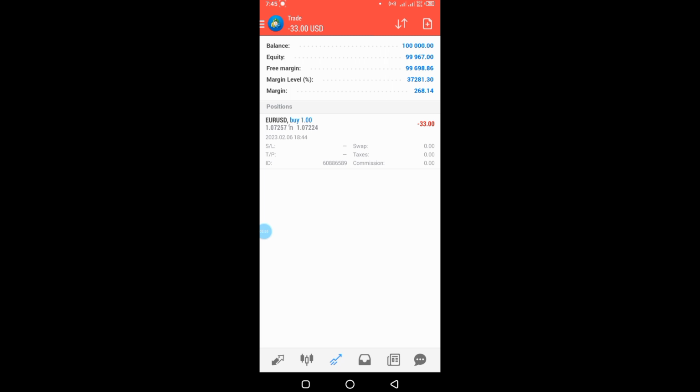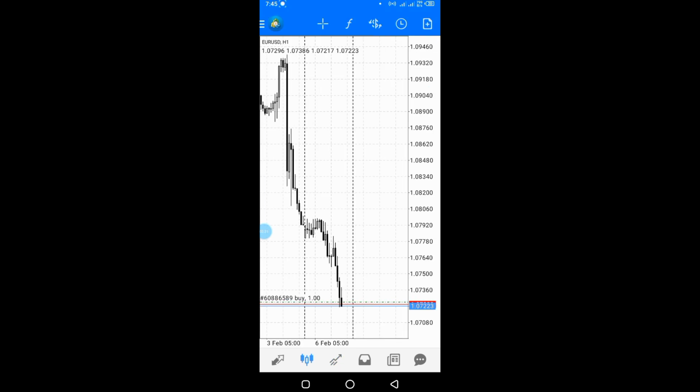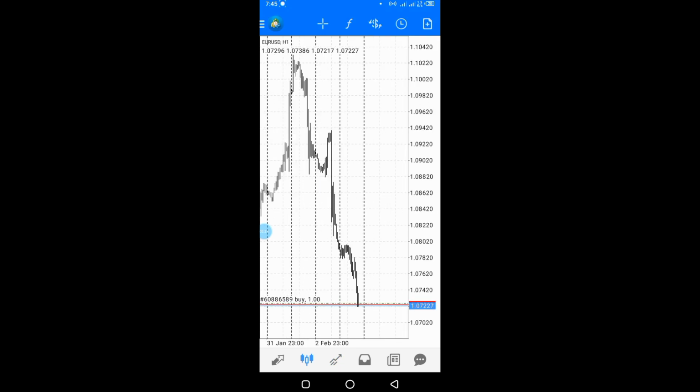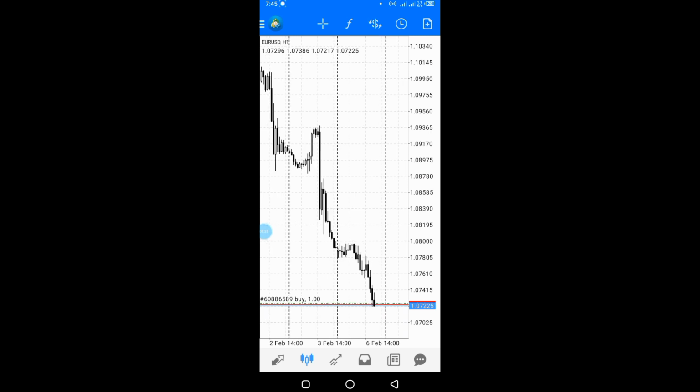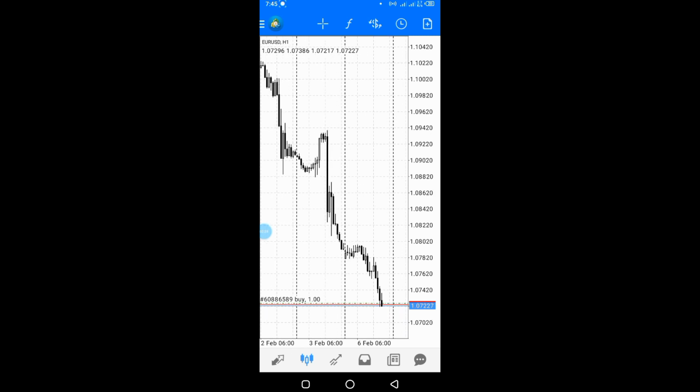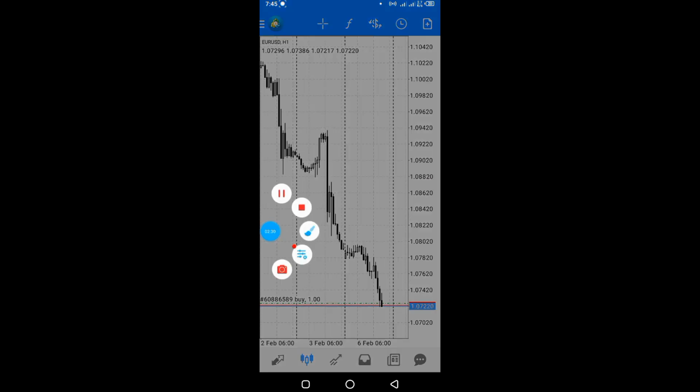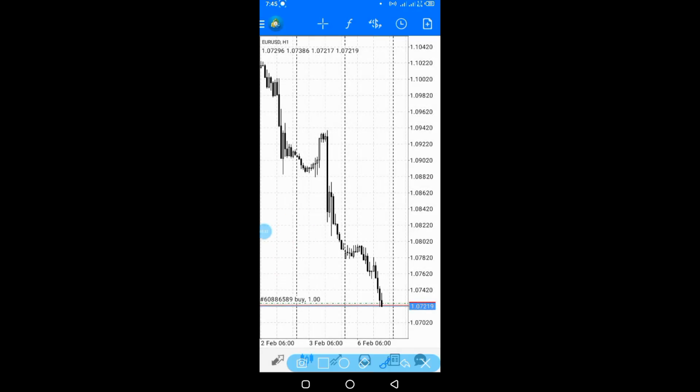Now, what you're supposed to do is go to the chart. If you don't know how to go to the chart, the link is below so that you can understand the features of MT4. Just go to the chart like this, and you will be in a position to see this description showing a buy position, and the one basically means the lot size.